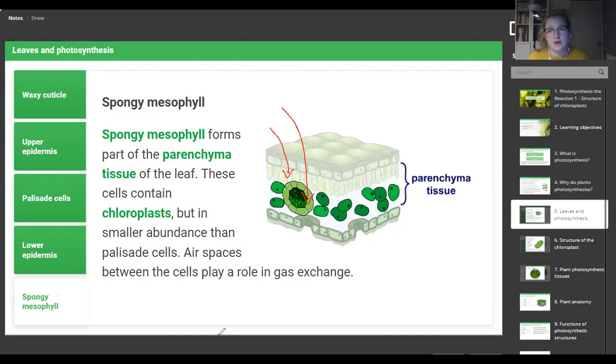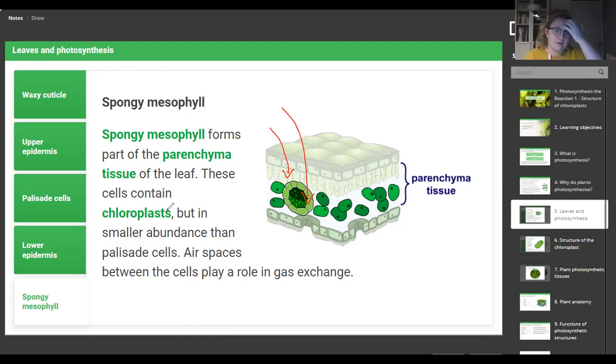So there's not going to be as many chloroplasts in the spongy mesophyll, just because it's not really economic for the plant to bother making loads of them. To make lots of chloroplasts takes lots of energy, takes lots of space, and isn't necessarily beneficial to the plant. So they're not going to bother making loads, but there are some, because sunlight is going to get down there. It's one of those balances, a trade-off. We will have some, but we're not going to have too much.